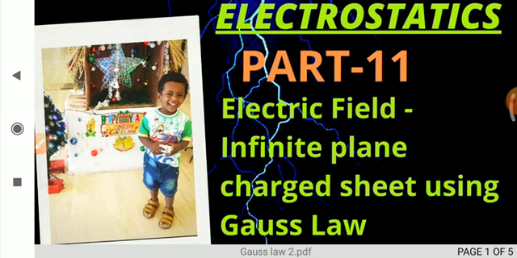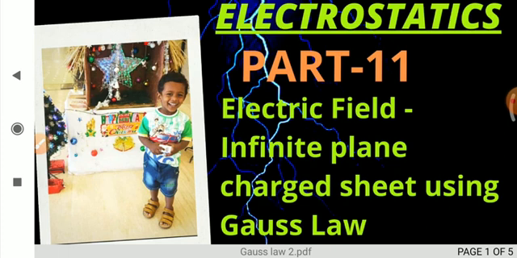And we have also discussed the electric field due to the electric dipole along its axial line and also the equatorial line. Now, here we are going to derive the electric field in a different manner.